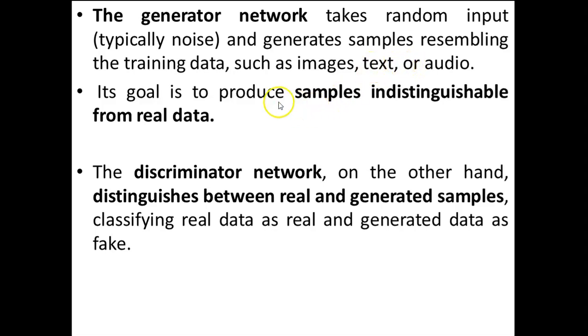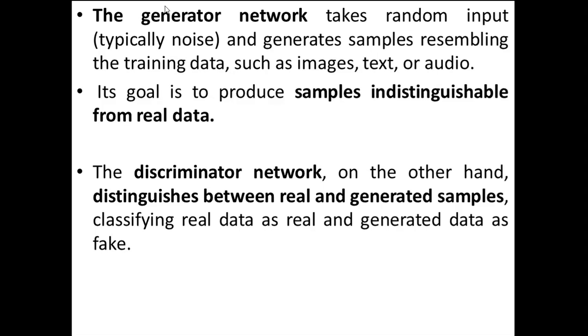Its goal is to produce samples indistinguishable from real data. The discriminator network, on the other hand, distinguishes between real and generated samples, classifying real data as real and generated data as fake. Both of them work together to learn and train on complex data like audio, video, or image files.